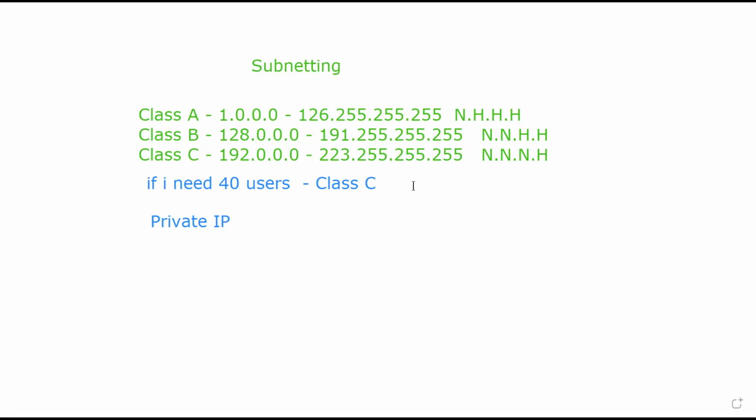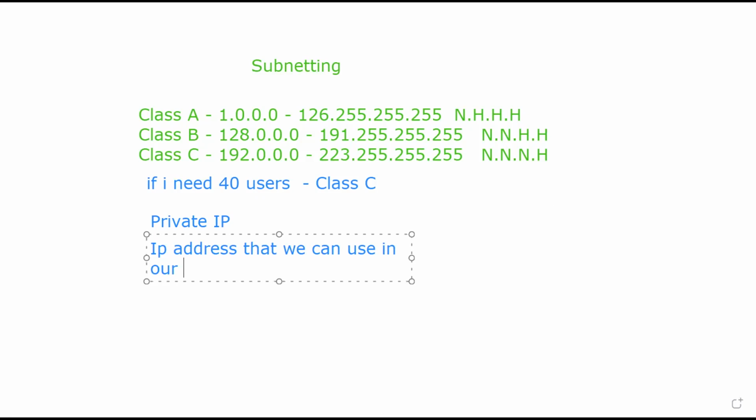A private IP is an IP address that we can use in our local area network, right?